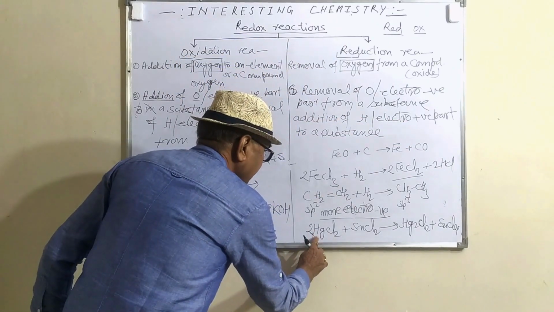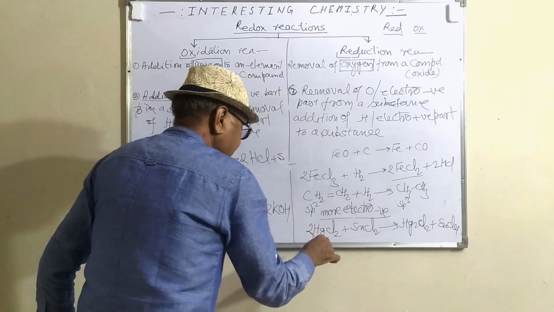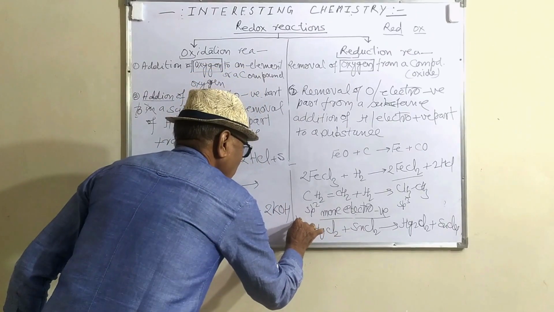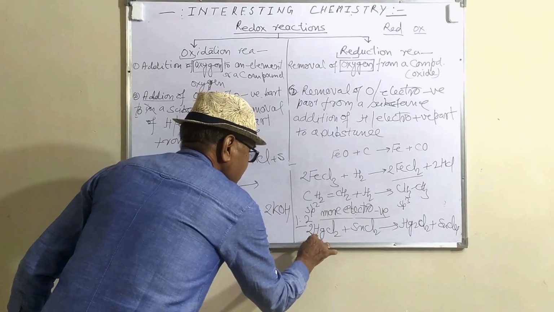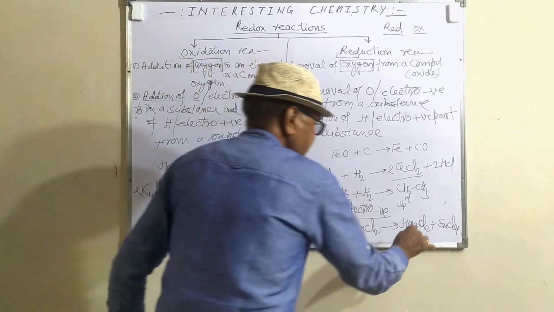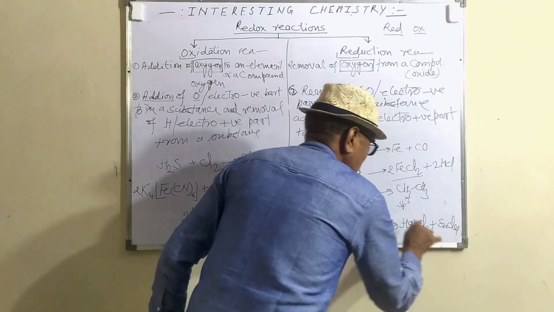So how will you justify here the addition of the electropositive part? Here Hg is 1, here Hg is 2. So you can give the ratio of Hg and Cl. Here Hg and Cl are found in 1:2. Here Hg and Cl are found in 1:1.